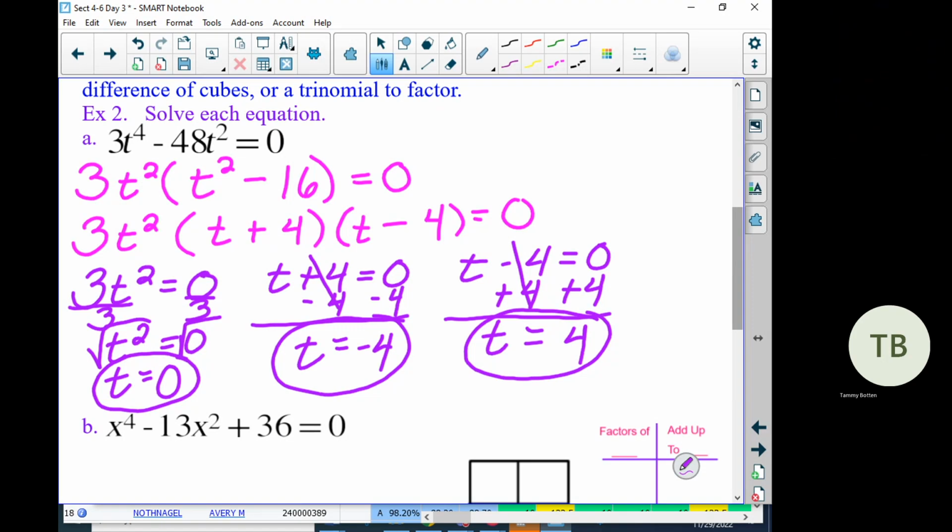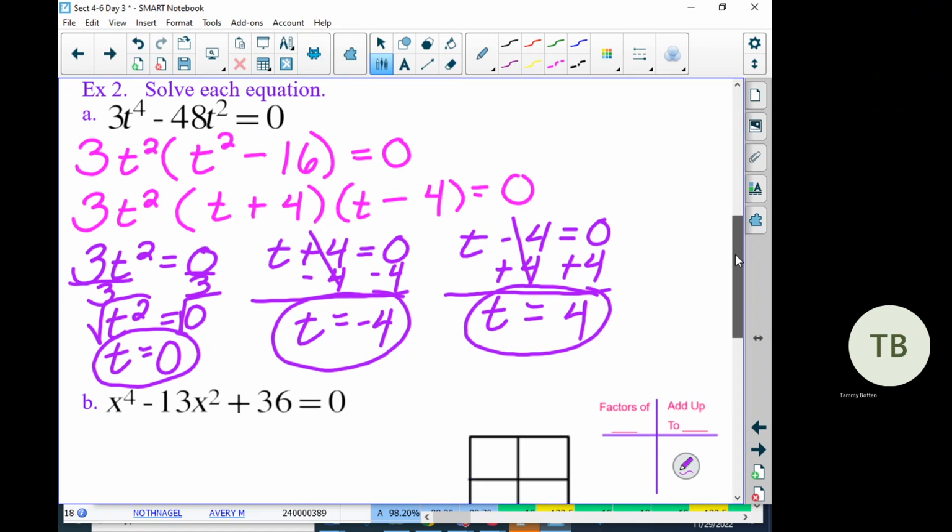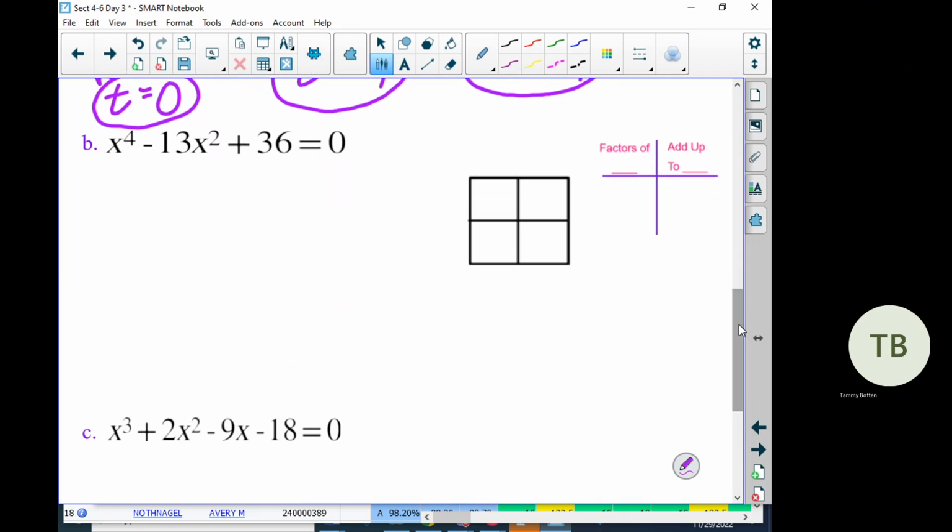A shortcut here, which I kind of hesitate to say because in the past I've had students get this wrong, is when you're going from t plus 4 equals 0 to this, it's always just the opposite of this. If this is plus 4, it's negative 4. If this is negative 4, it's a positive. So you can kind of save the work if you understand them.